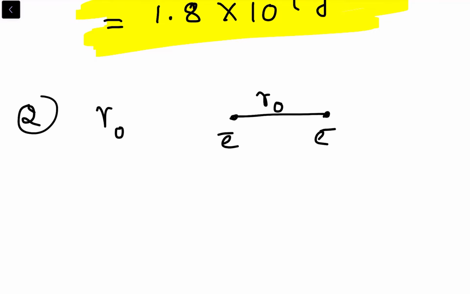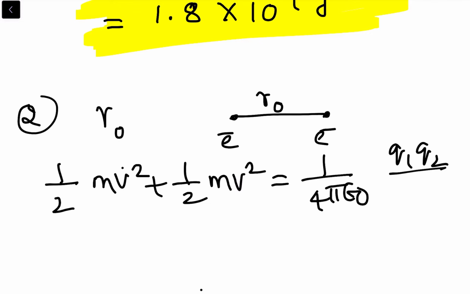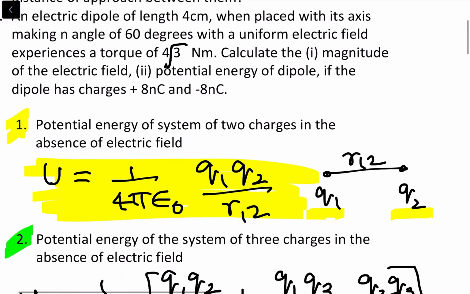Therefore, let us write the kinetic energy formula, half mv square plus half mv square for two electrons, that is equal to potential energy, that is 1 by 4 pi epsilon naught q1 q2 by r12. That is the formula which I used earlier, which I wrote here in this yellow color.